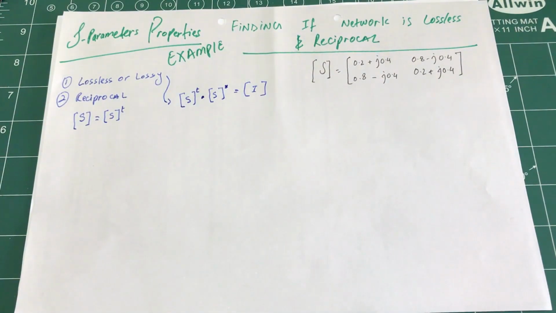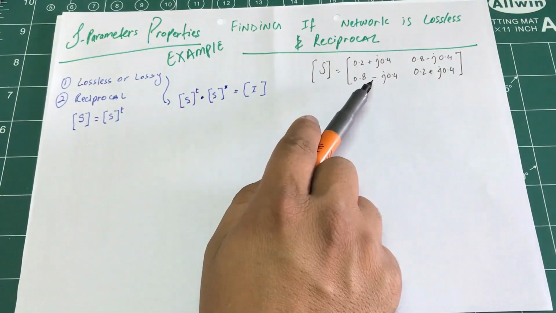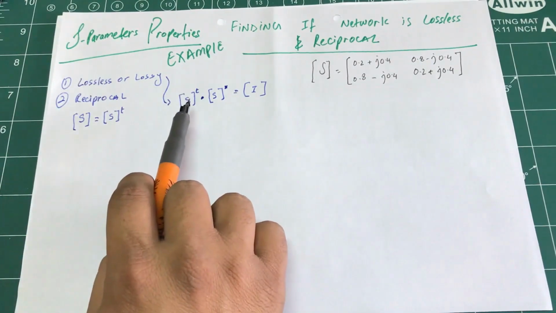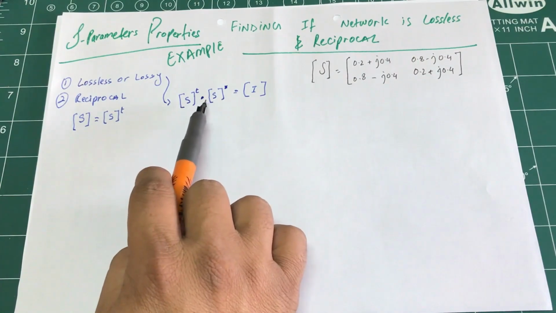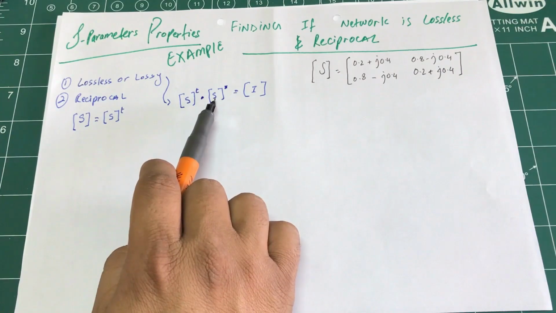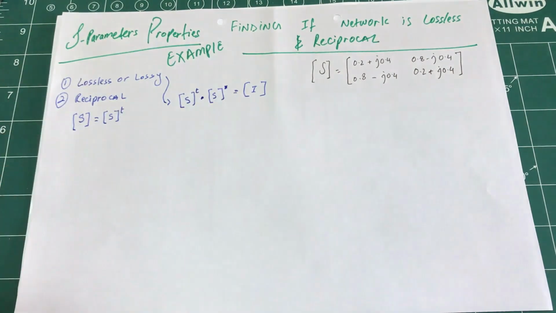So in order for me to find out if my network is lossless or lossy, I need to fulfill this condition. When I take a dot product, or simply multiply them together, the transpose of a matrix times the conjugate of that matrix, I should get a unitary matrix, where in my main diagonal I have ones and then I have zeros.